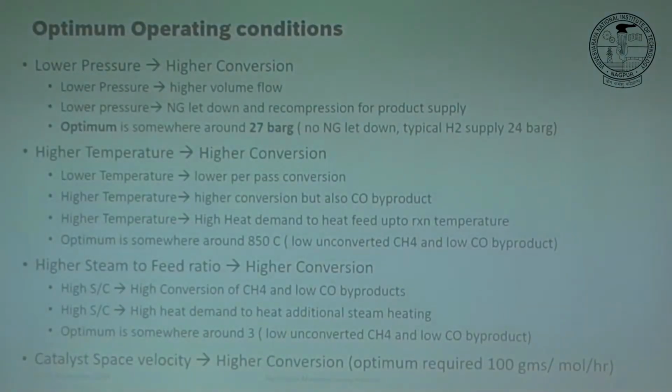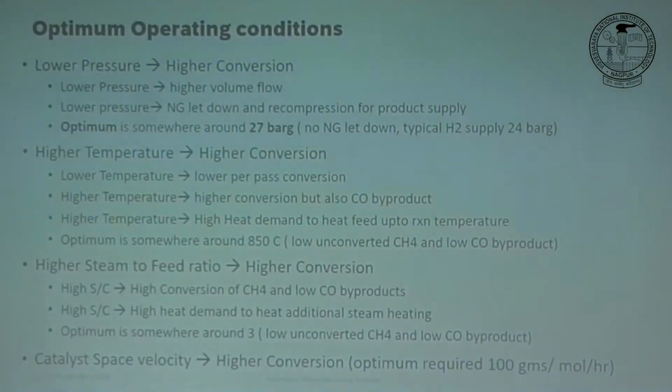So we talked about two parameters: pressure and temperature. Another important one is the steam to feed ratio, steam to methane ratio. You could imagine if we have a high steam to feed ratio, meaning we are supplying excess steam for the reaction, the conversion will be high and the CO product will be low. But the problem with a high steam to feed ratio is that if we have more steam than required, we have to heat up the steam.